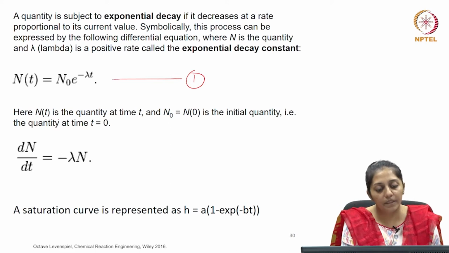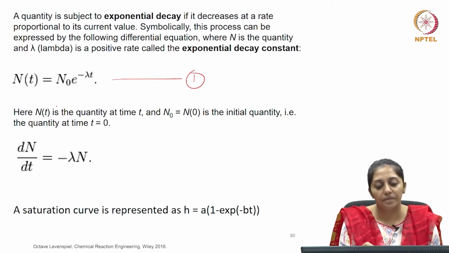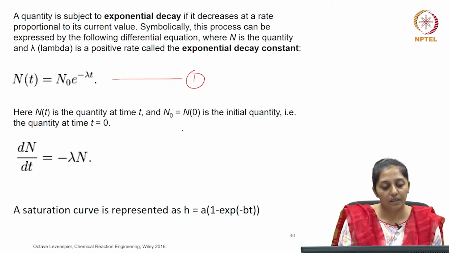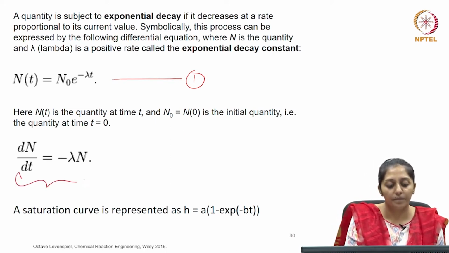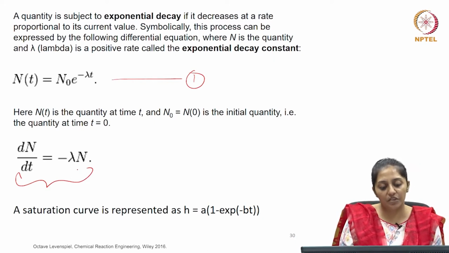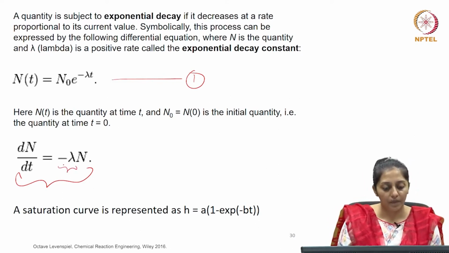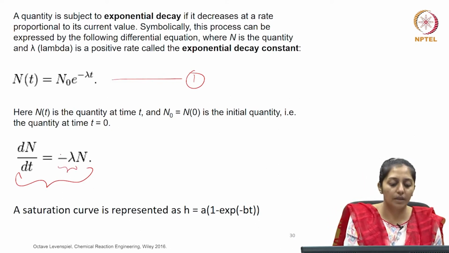N of t is the quantity at time t, and n naught is the initial quantity at time t equals 0. Effectively, the rate at which n is changing is proportional to n, and lambda is your rate constant, and because it is decay, therefore the negative sign.